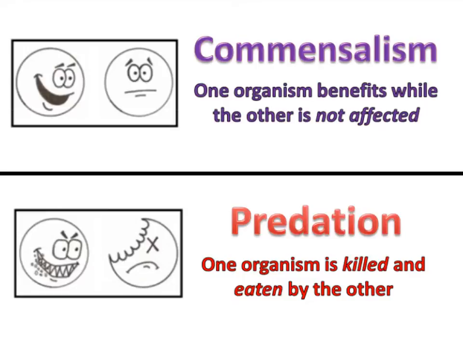So, on letter C, define commensalism, you are going to write, one organism benefits while the other is not affected. Keyword is not. So please write that down for letter C.